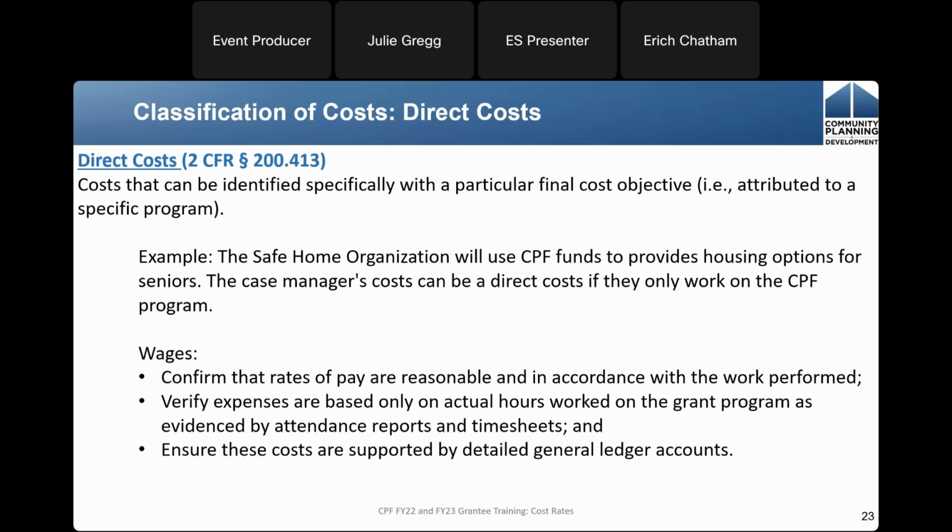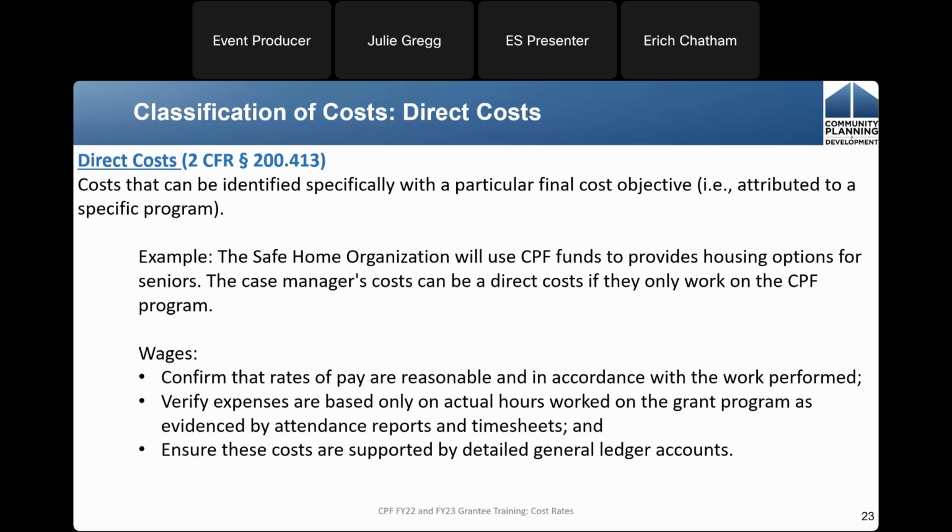So let's dive into some details and examples of direct cost. You can see the 2 CFR citation on the top of your screen. 2 CFR 200.413 dives into the details of direct cost. Again, these are costs that can be identified specifically with a particular final cost objective, identified or attributed to a specific program.